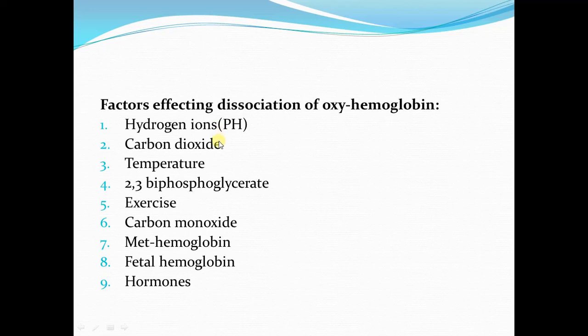Now, the next factor that we are going to discuss is the effect of carbon dioxide. Increase in the partial pressure of carbon dioxide, or we can say increased concentration of carbon dioxide, favors the dissociation of oxygen from hemoglobin.